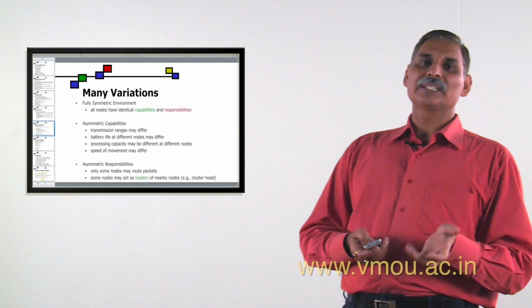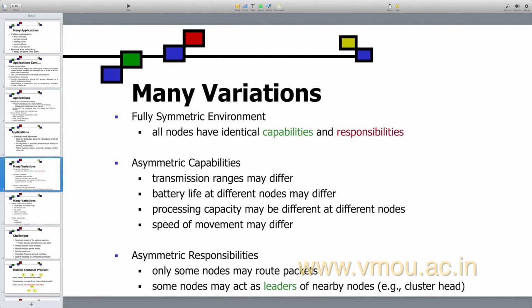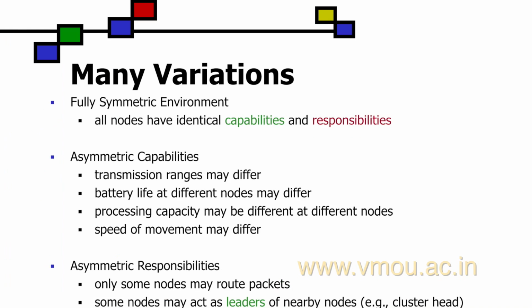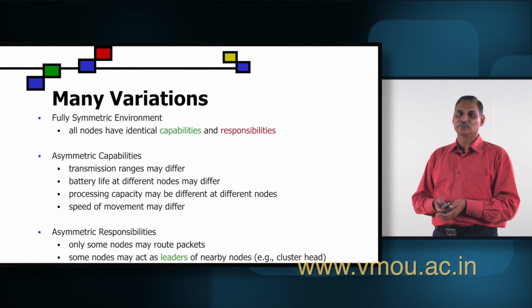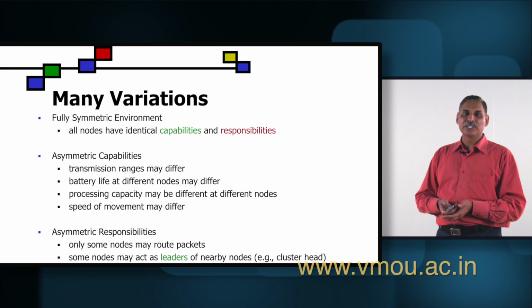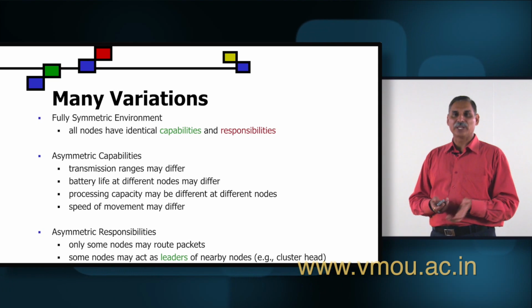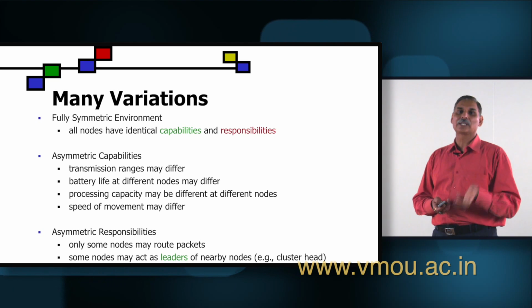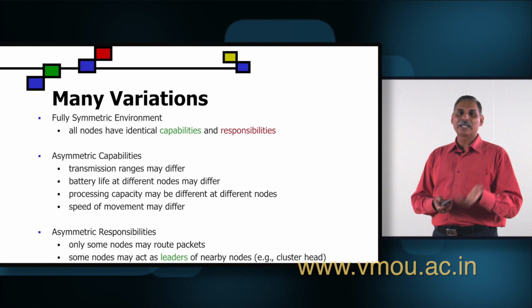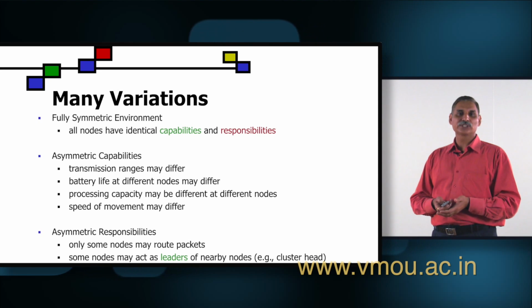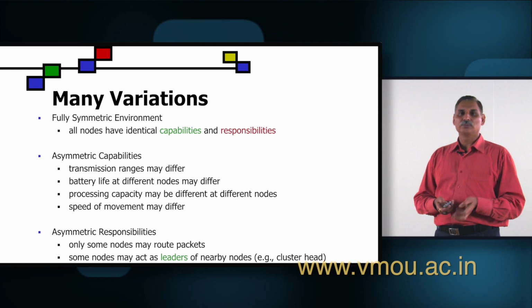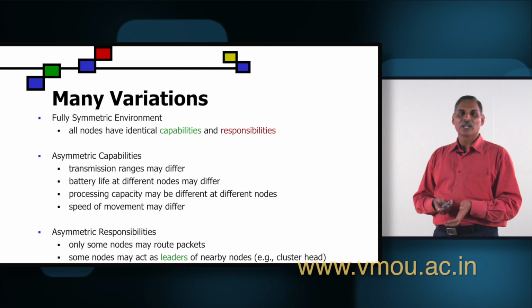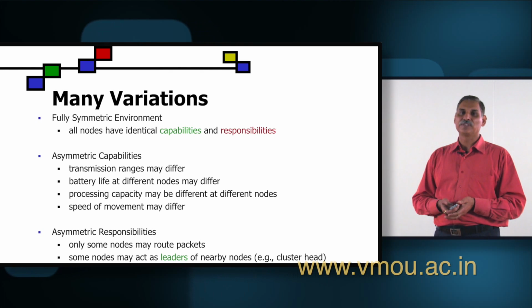There are many variations of wireless ad hoc networks. They could be categorized based on a fully symmetric environment, where all nodes have identical capabilities and responsibilities, and all the devices have a similar configuration. There could be asymmetric capabilities: transmission ranges may differ, battery life may be different for different nodes, processing capability may be different, and the speed of movement may differ.